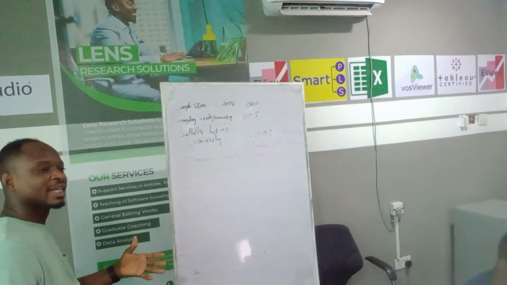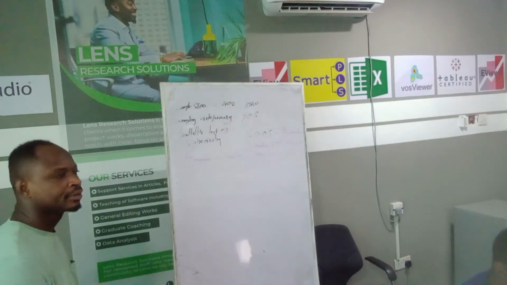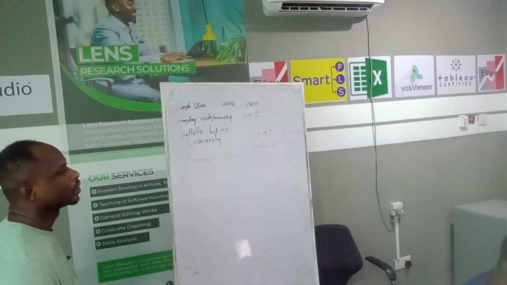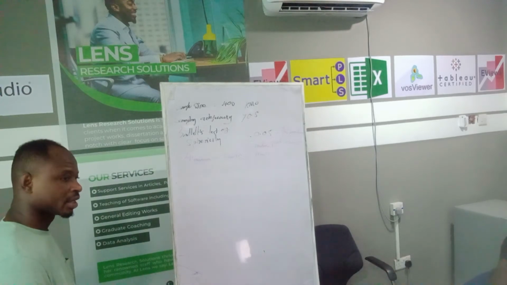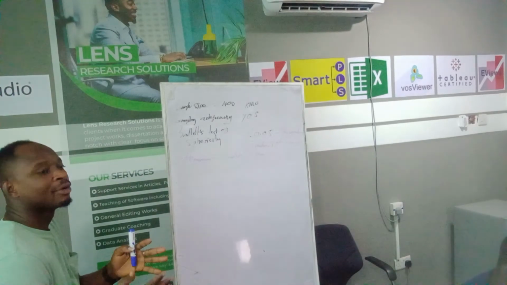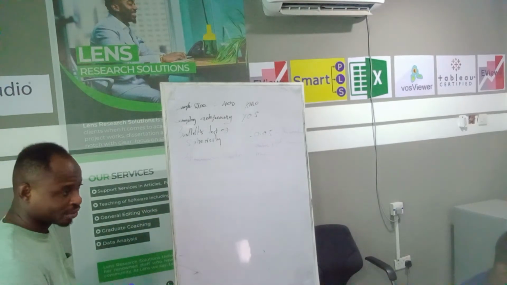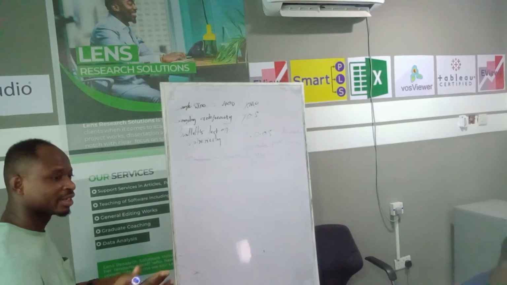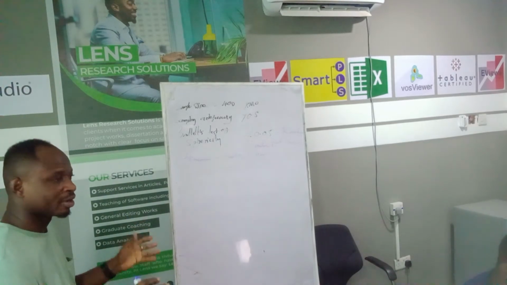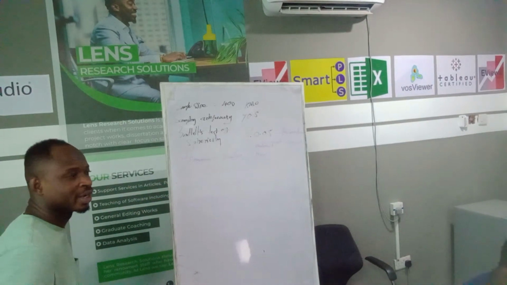So if you are developing your scale, you should have a reasonable number of items under the construct, something like 6, 7, 8, 9, 10, thereabouts. It shouldn't be 4 or less than that.